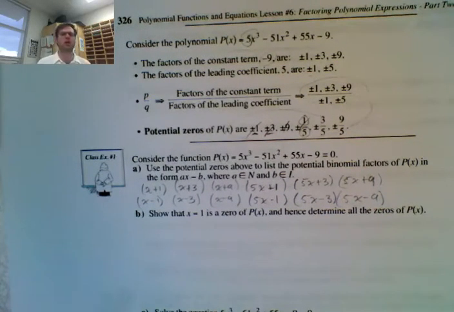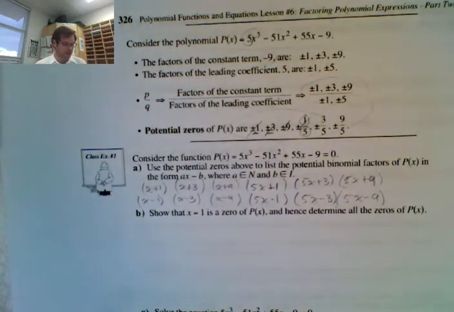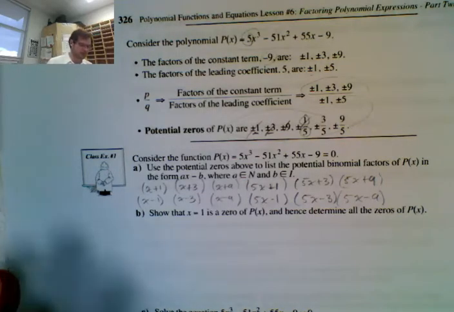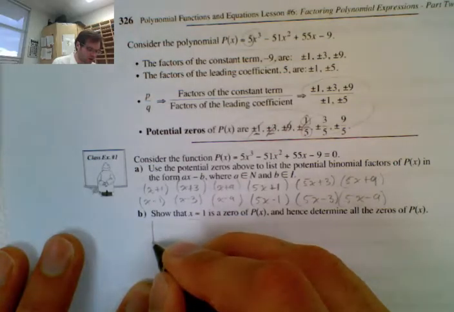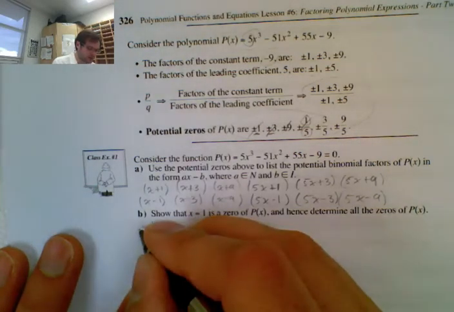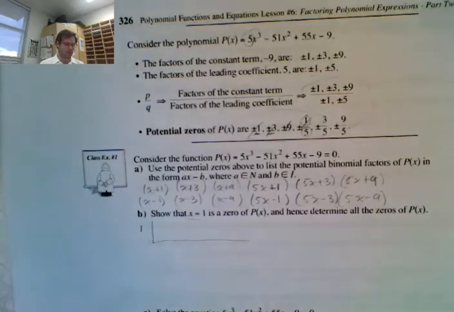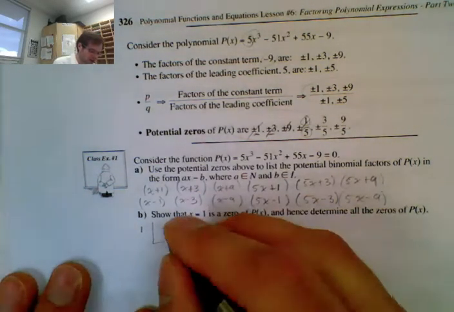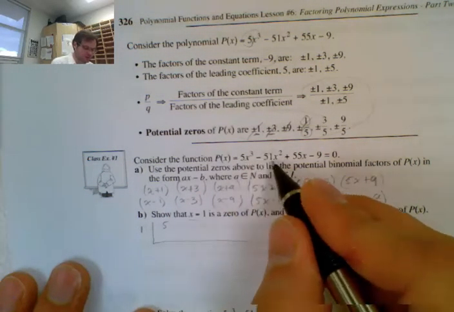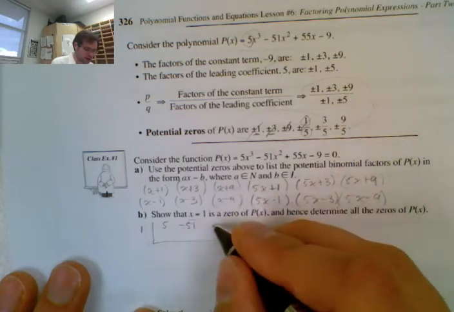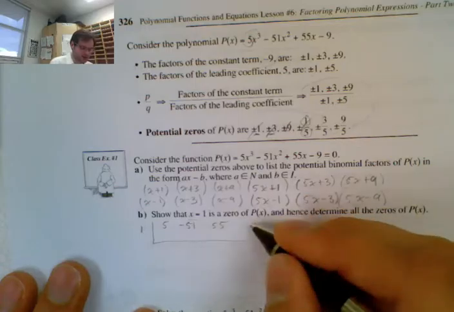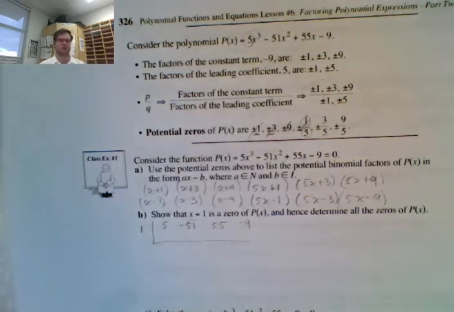Now it wants us to show that x is equal to 1 is a zero of the polynomial p of x, and hence determine all zeros. Okay, so first we're going to try this one here. I'm going to do this using synthetic division. We put x is equal to 1, and we have 5 x cubed, negative 51 x squared, then negative 55 x and 9 constant.